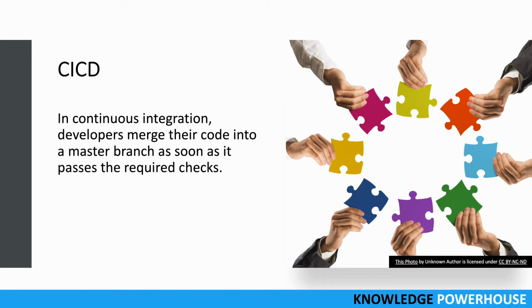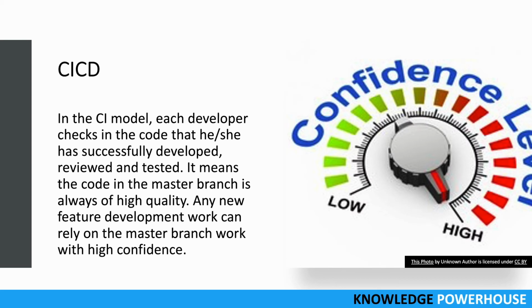So we go for continuous integration, where as soon as your tests are passing, you integrate to the main branch, master branch. In the CI model, when the developer has checked in the code, it means our master branch code is always of high quality because it is meeting the high bar of all the tests which are passing, right?